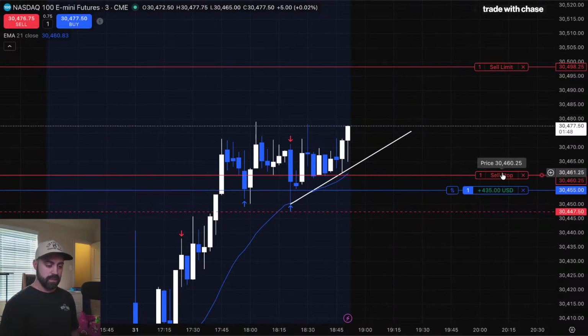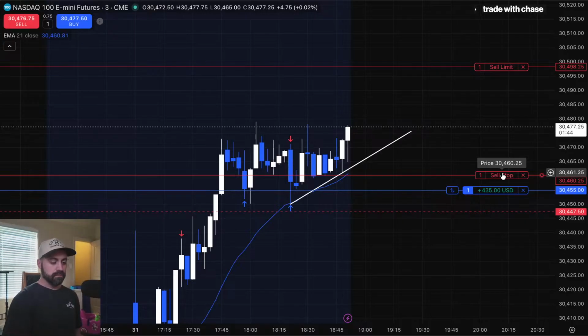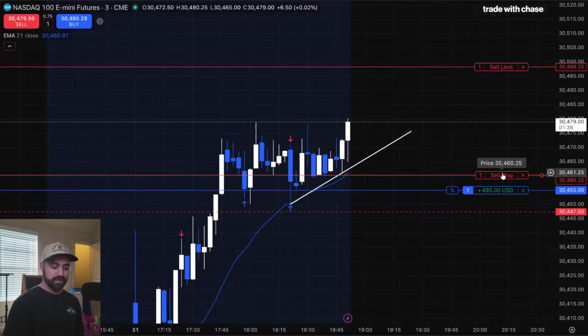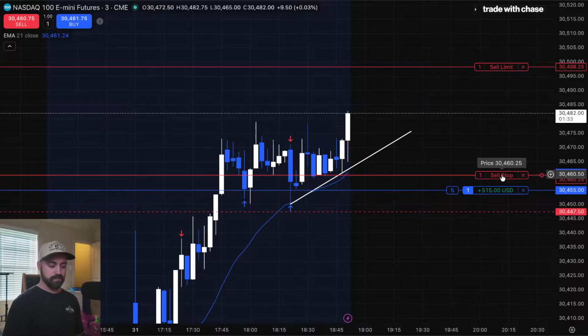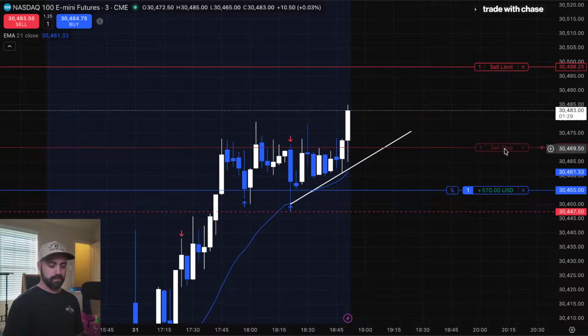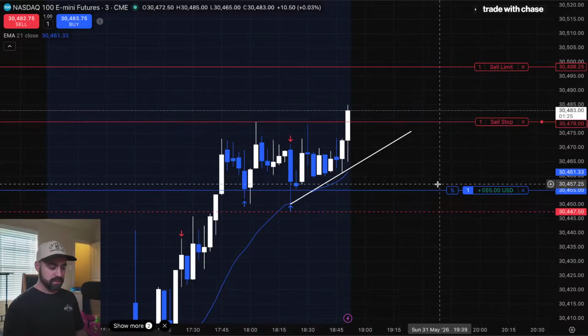There we go. That is a very bullish candle, but go ahead and just capitalize on this.